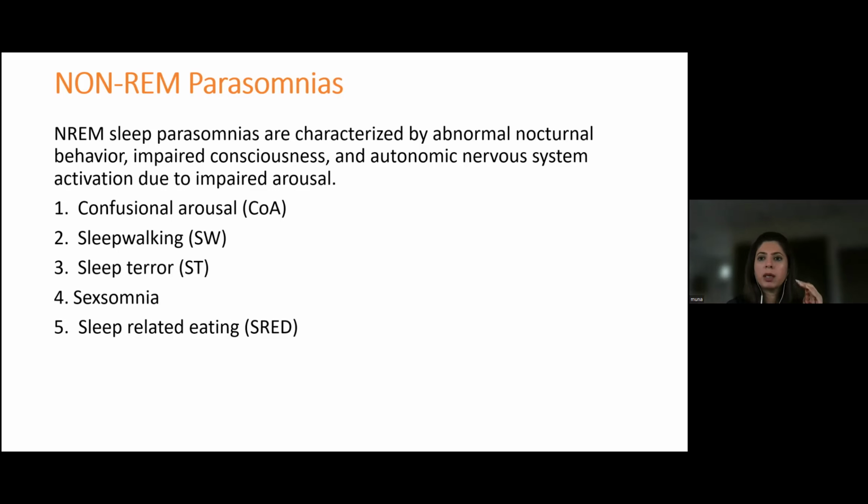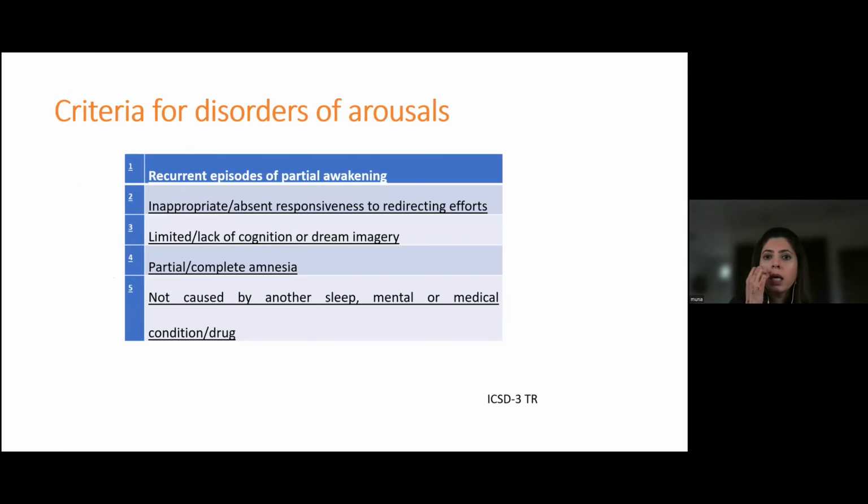The main non-REM parasomnias include confusional arousals, sleepwalking, sleep terror, sexsomnia, and sleep-related eating disorder. The last one is talked about much less, but I wanted to keep it in there. If you're concerned, consult sleep medicine right away.